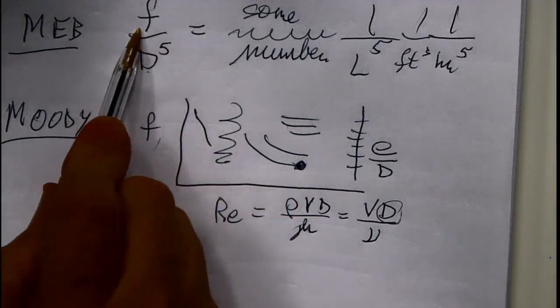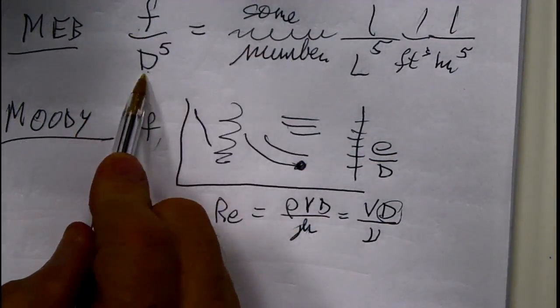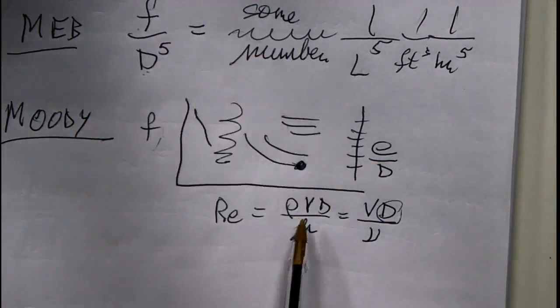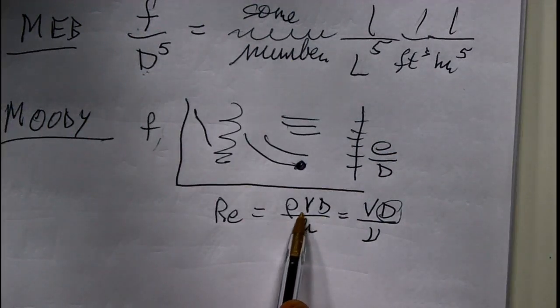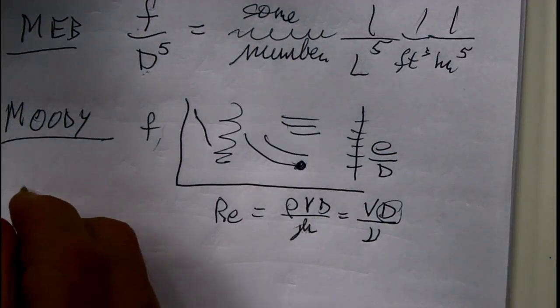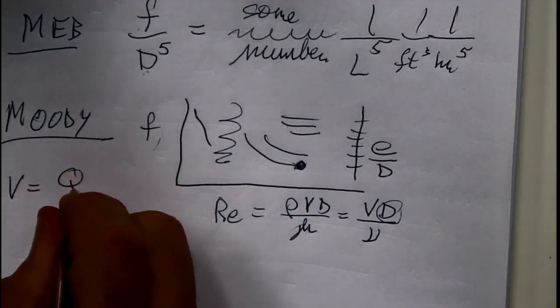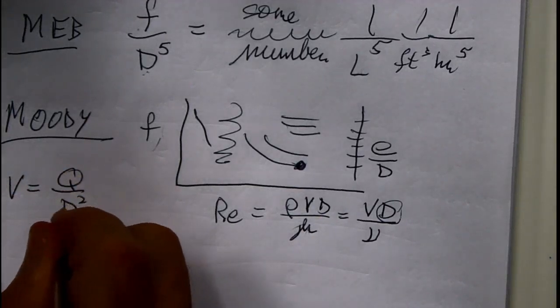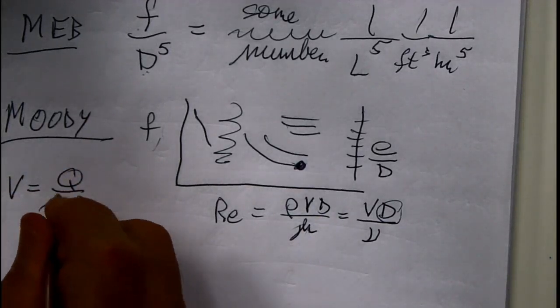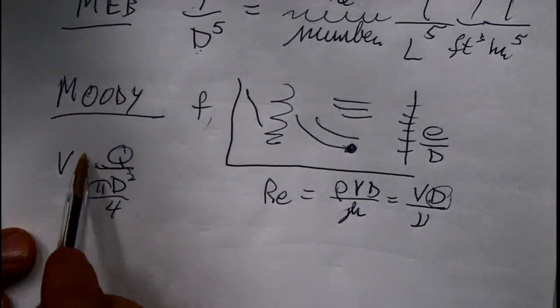We assume an F, find a diameter. Then use the diameter to calculate the velocity, because velocity is not necessarily given to us. We have volumetric flow rate, but we don't have velocity.